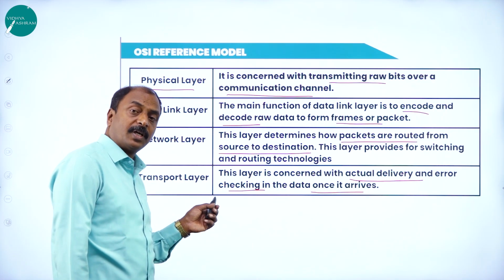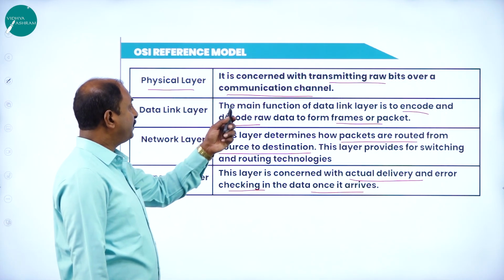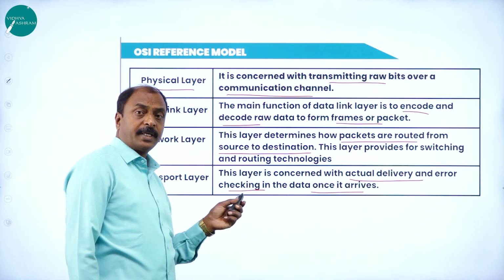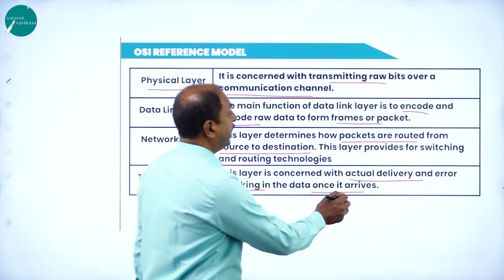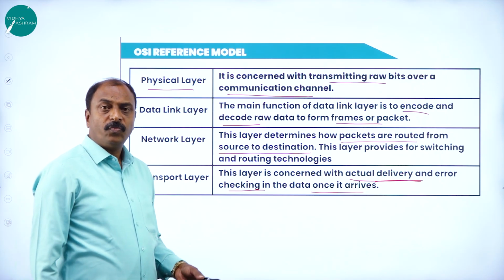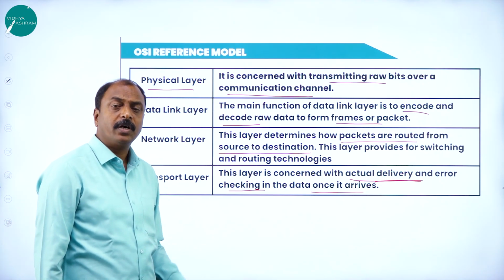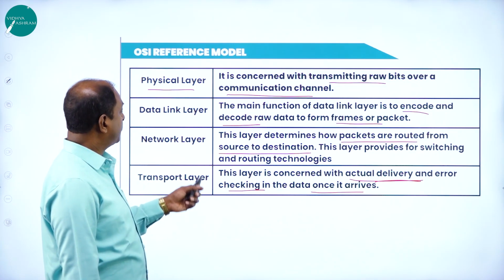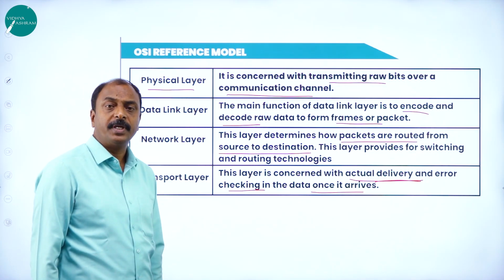So what is the function of transport layer? Once the data has traveled from physical layer up to network layer, the transport layer makes sure of the actual delivery of the data, or it guarantees the data from host to destination or from sender to receiver computer. That is the responsibility of this transport layer.